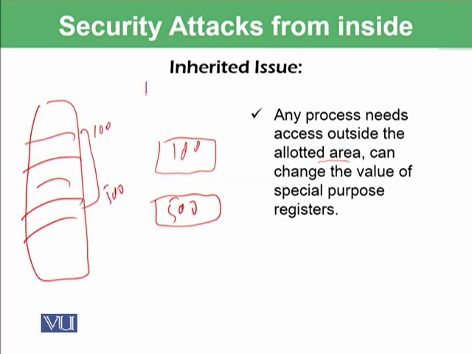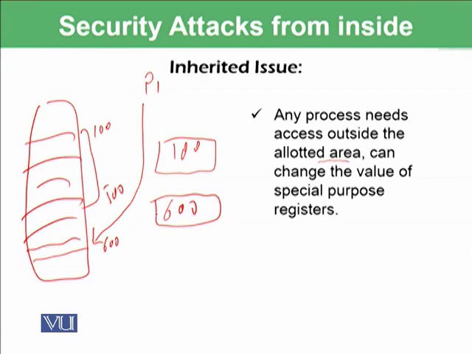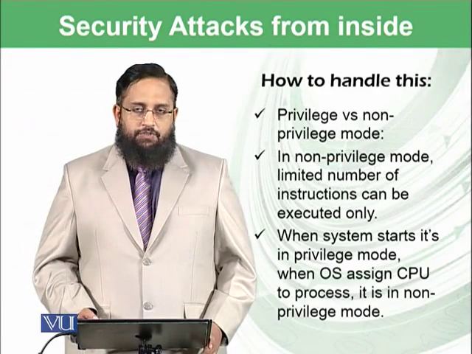If process P1 comes and needs access somewhere here at the location 600, it will change this address from 500 to 600. Such a trick can be done by a process which wants access to an area outside its memory. So how to handle such a situation?